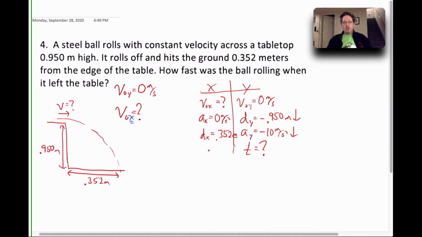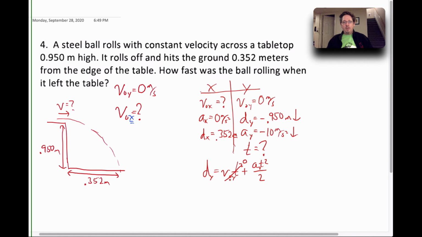When I look at my equation sheet, it's displacement equals v original t plus at squared over 2. Then I take care to note that these are all y, because to calculate with y stuff, I can only use y stuff. We cannot mix and match our givens. So I'm going to only use y variables in this equation.